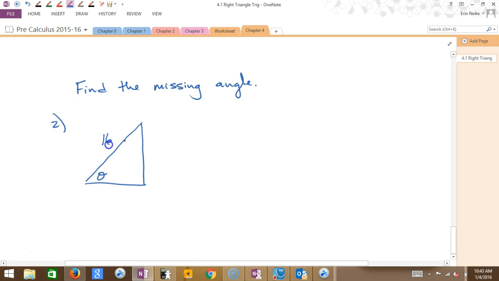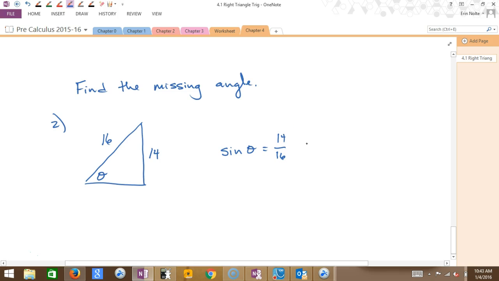We have 16 and 14 as our two sides. Okay, so again, we're just setting that same ratio up. What two sides are involved? Opposite and hypotenuse. So which trig function is opposite and hypotenuse? So sine. So it's going to be the sine of the angle is equal to opposite over hypotenuse, so 14/16.